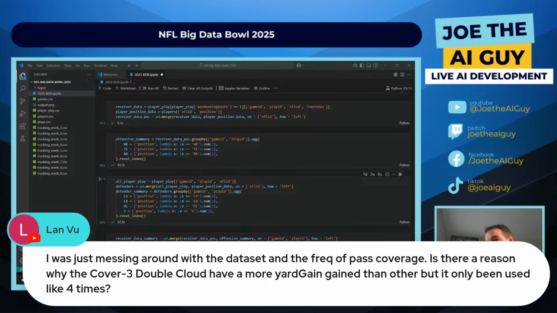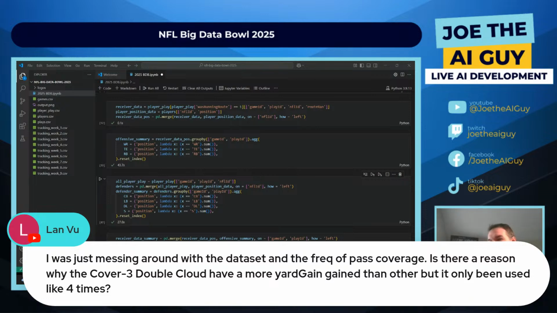If it's flat yards gained, then it just may depend on how many times all these coverages are in the data set itself. So I would look at potentially how you have grouped the data in terms of this yard gain, just making sure it's an absolute yard gained versus an average.